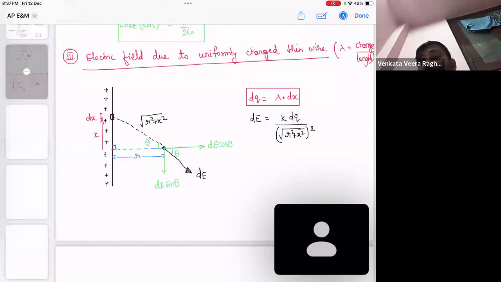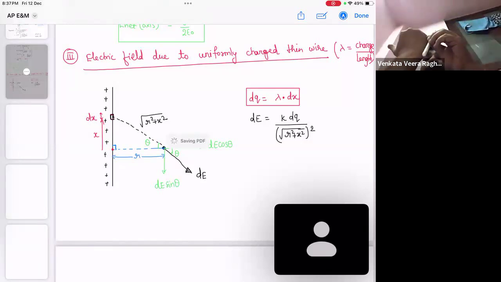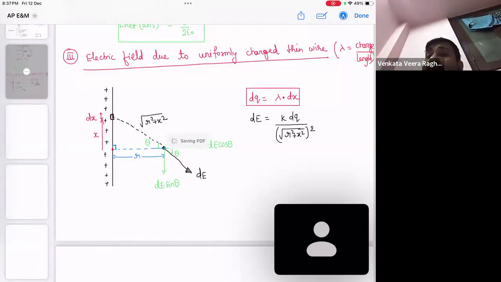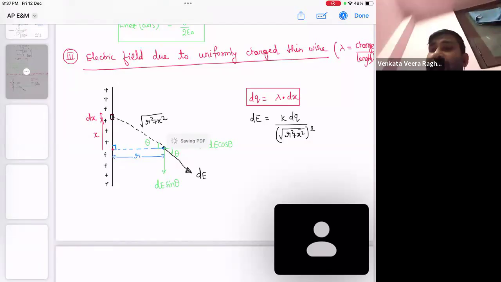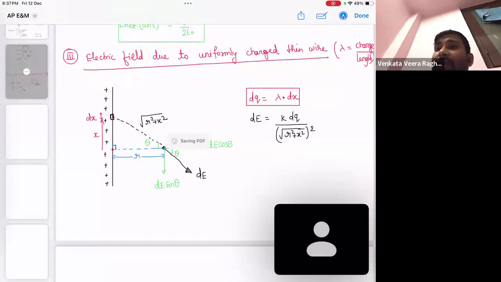Now, dE cos theta is the component of field which is perpendicular to the rod. And dE sin theta is along the rod or parallel to the rod. Isn't it? So now I am going to integrate these two components separately. So first let's calculate it.